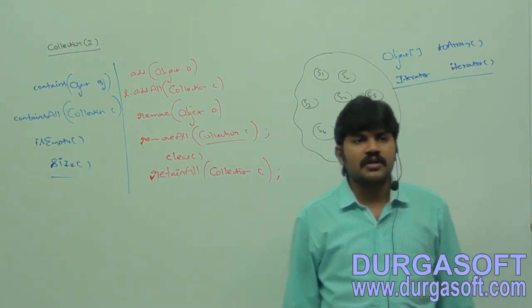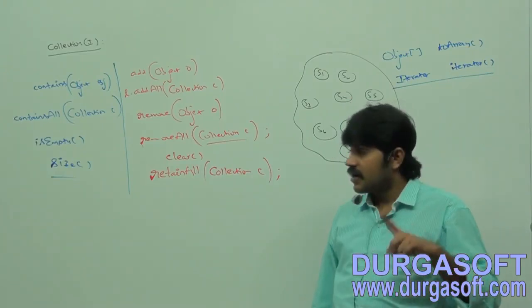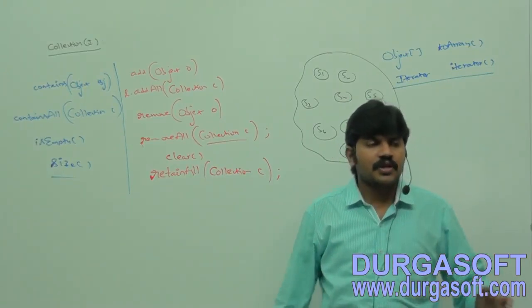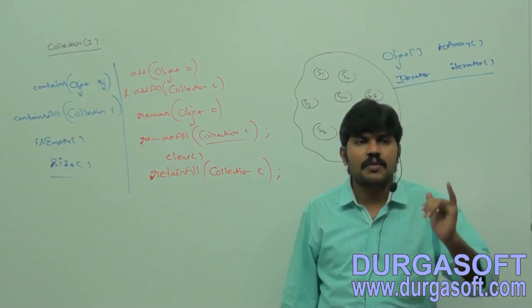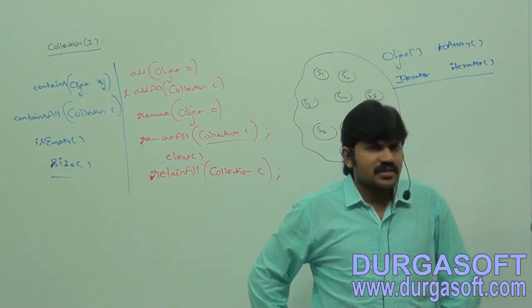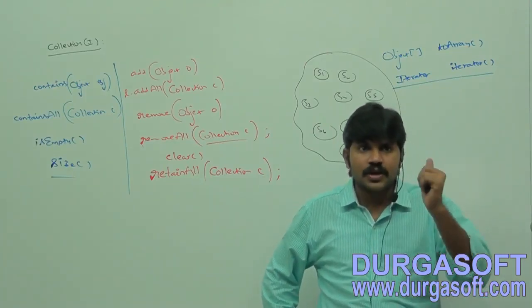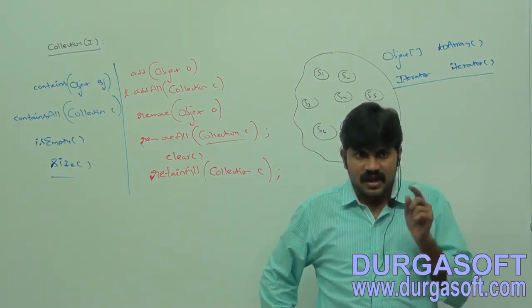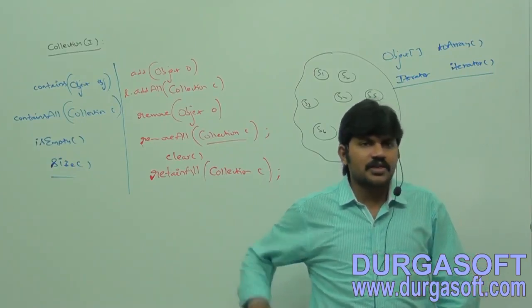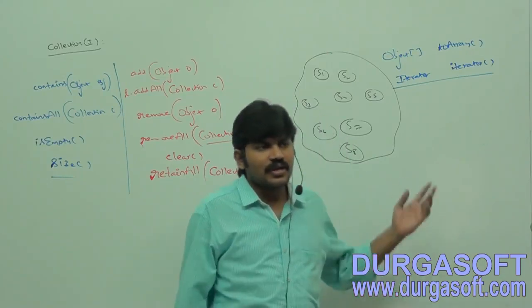Sir, can you please check whether a particular object is available or not? Contains. Whether a group of objects are available or not? containsAll. Whether my collection is empty or not? isEmpty. If it is not empty, how many objects are there? Size. Can you please convert my collection to an array? toArray method.